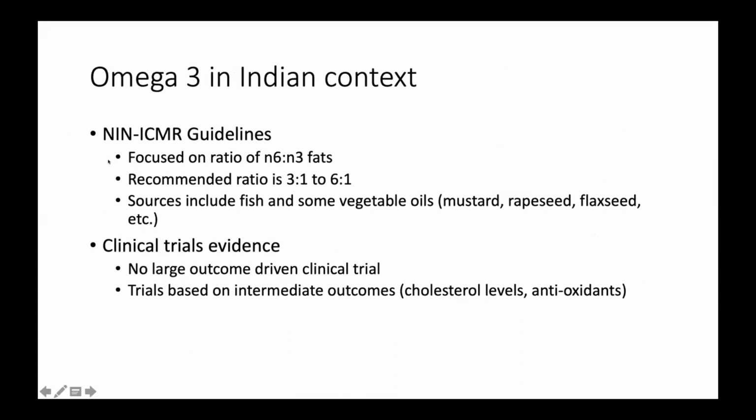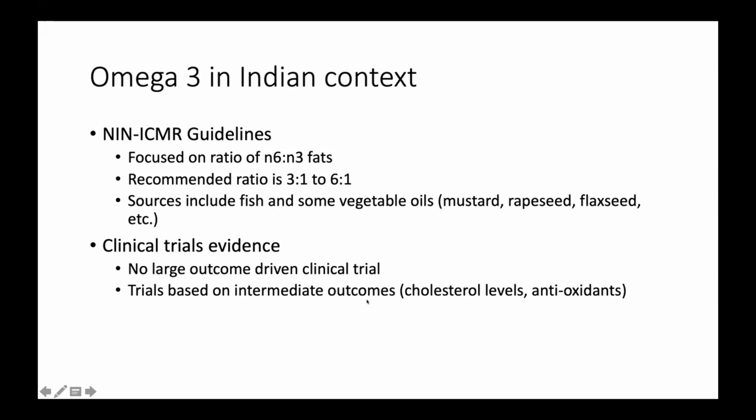The National Institute of Nutrition, or ICMR, has given a guideline that the ratio of N6 to N3 is important, and it should be 3 to 6:1. Basically, around 50% of the Indian population is vegetarian, especially in North and Northwest India, and there the good sources are mustard, flaxseed, and rapeseed oil.